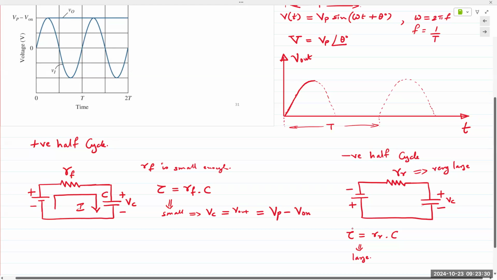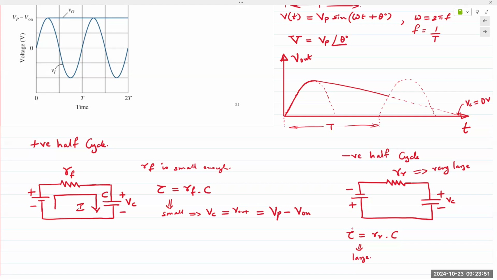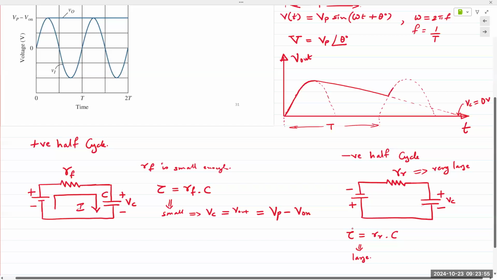So the capacitor begins discharging at a slow rate. And eventually, at some time in the future, Vc would reach 0 volts. But before it can reach 0 volts, its discharging is interrupted and it begins charging again.